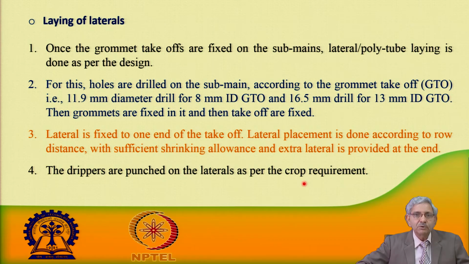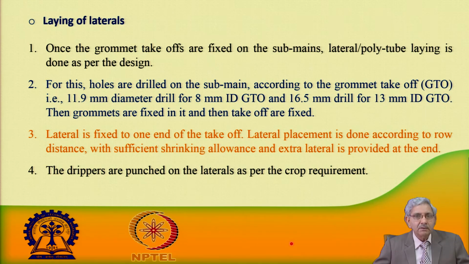Laterals are fixed to one end of the takeoff. Lateral placement is done according to the row distance with sufficient shrinking allowance, and some extra provision is made so that the length of the lateral is given a little longer.